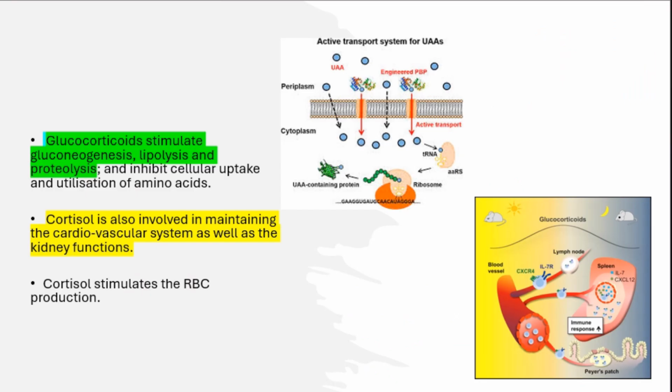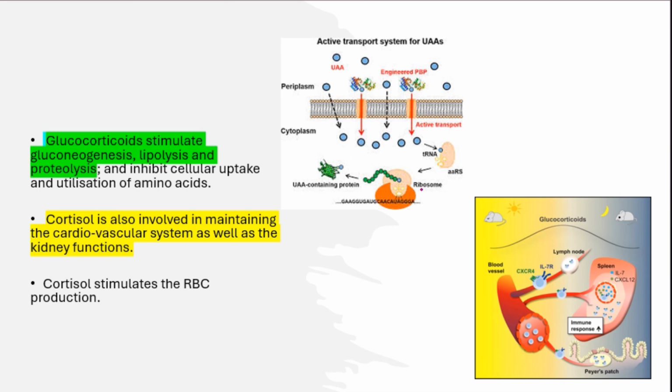Then these glucocorticoids stimulate gluconeogenesis, lipolysis, as well as proteolysis. Proteolysis in the sense the digestion or splitting of protein, that is the amino acids, as well as lipids, fatty acids, as well as the glucose.